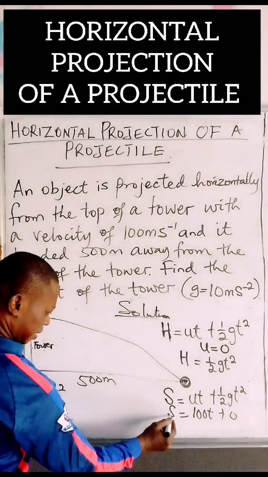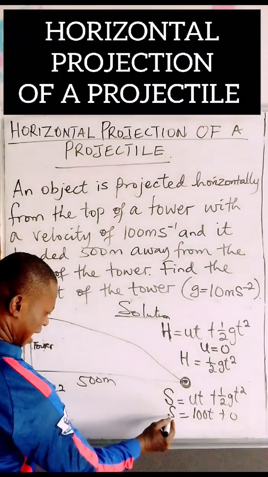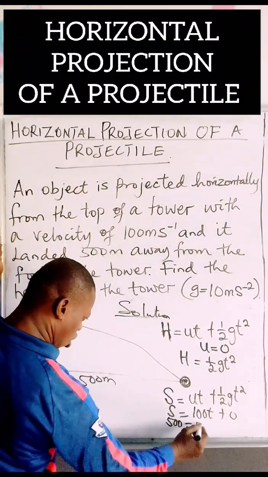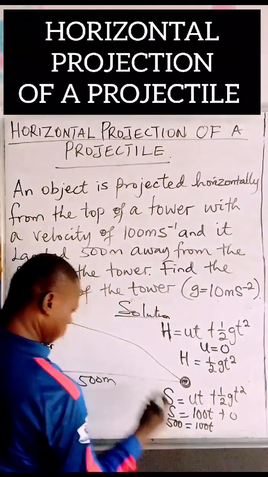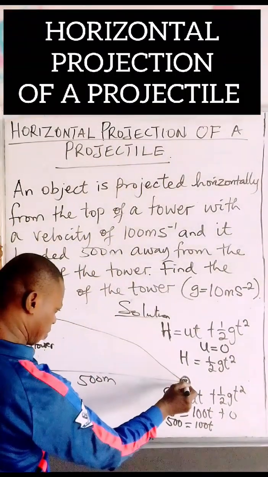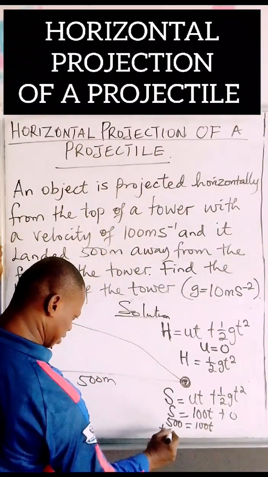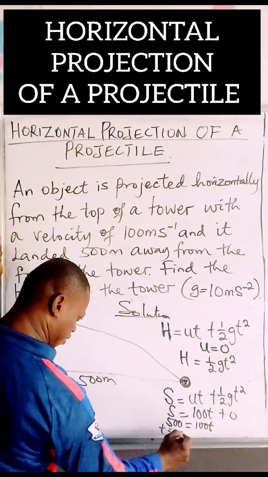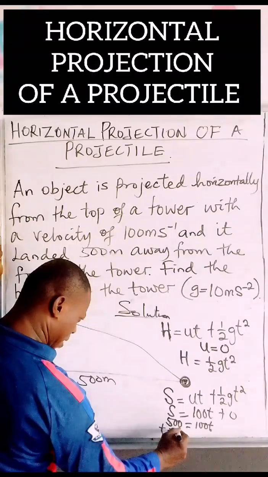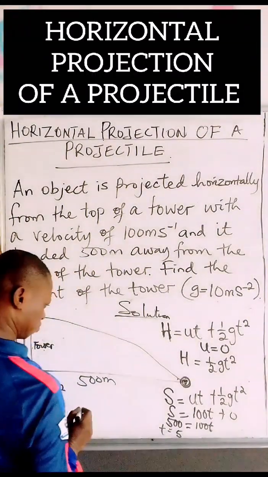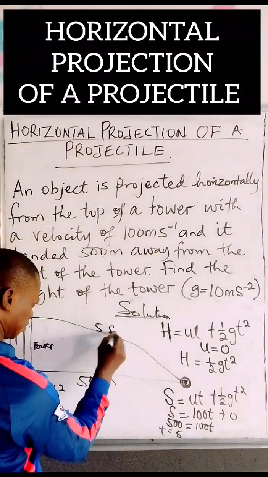At this point, this is the 500 meters that we landed, so we can put 500 there. 500 equals 100t. So the time that we travel from here to this point will be 500 over 100, which will give us 5 seconds. It travels from here to here in 5 seconds.